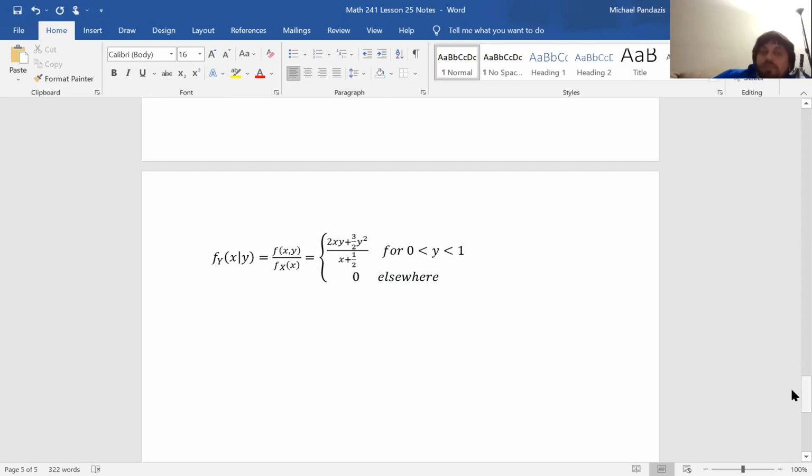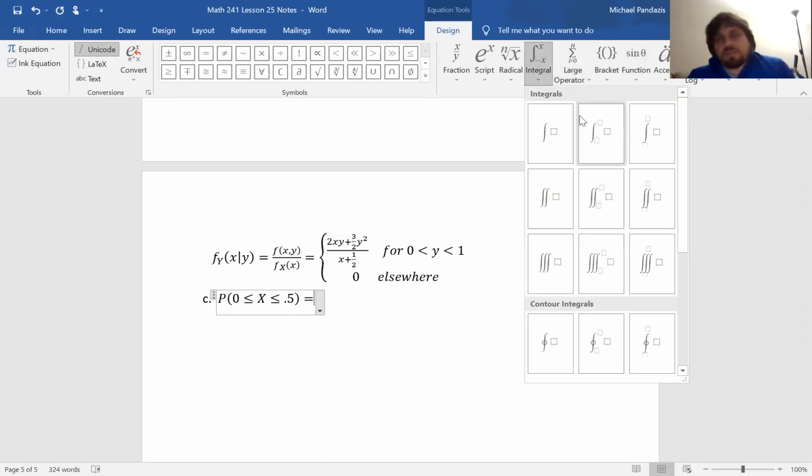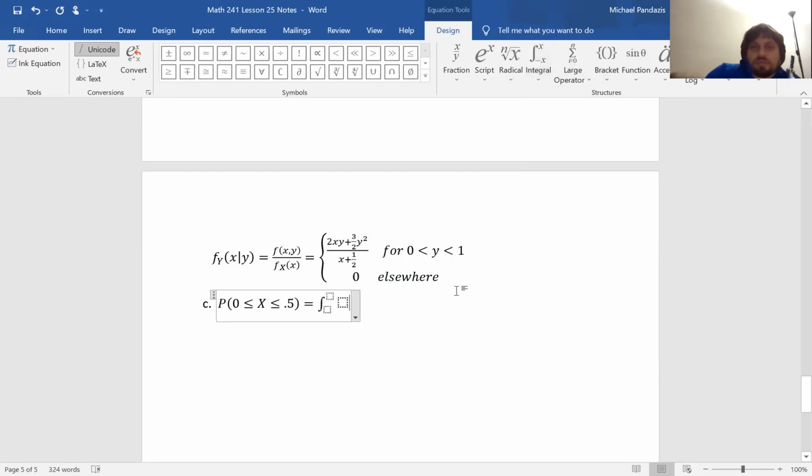For part C, let's find the following probabilities. Let's find the probability that 0 is less than or equal to x less than or equal to 0.5. Okay, so that's equal to the definite integral from 0 to 0.5 of f sub x of x dx.